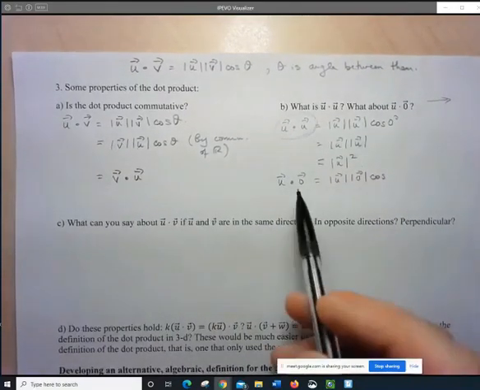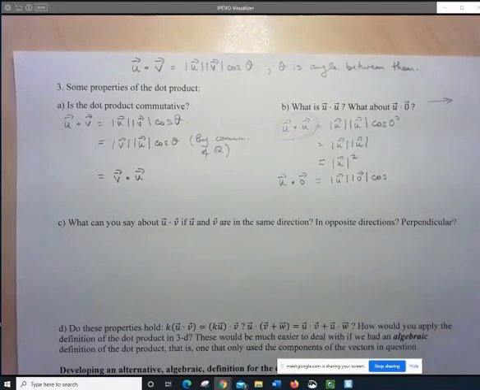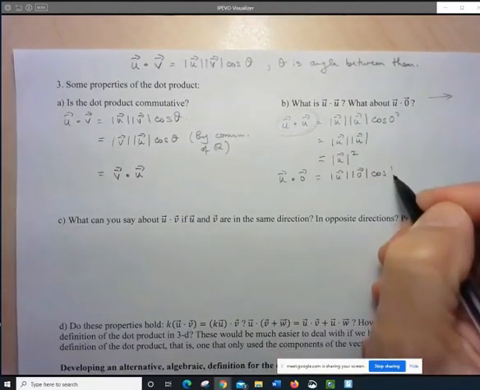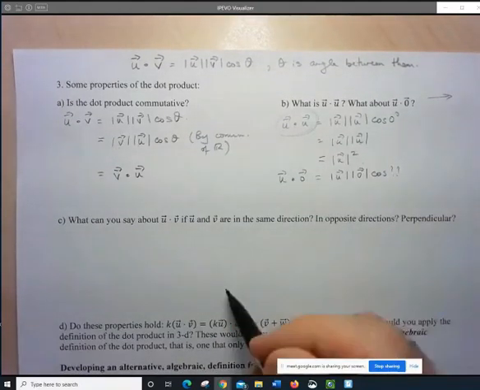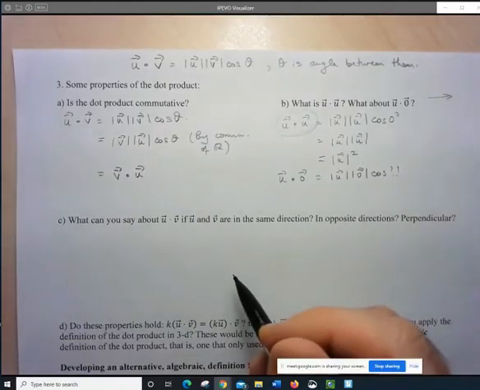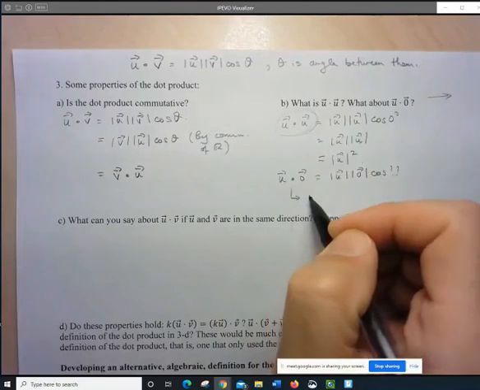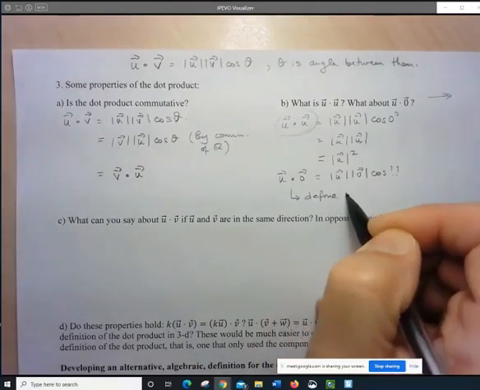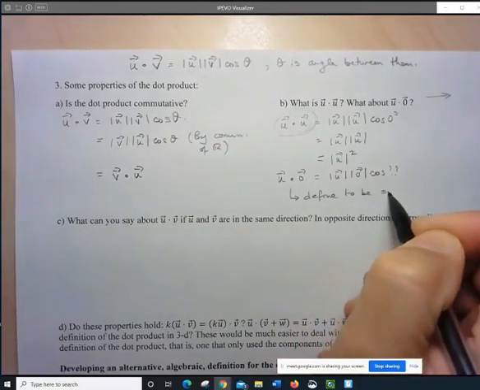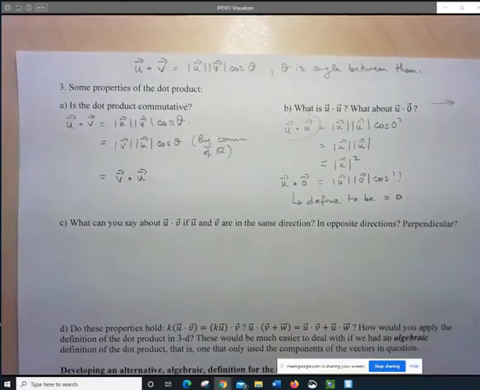What's the problem with vector 0? Yeah, it has no defined direction. So how do you even calculate this? At this point, we are going to define this to be equal to 0.